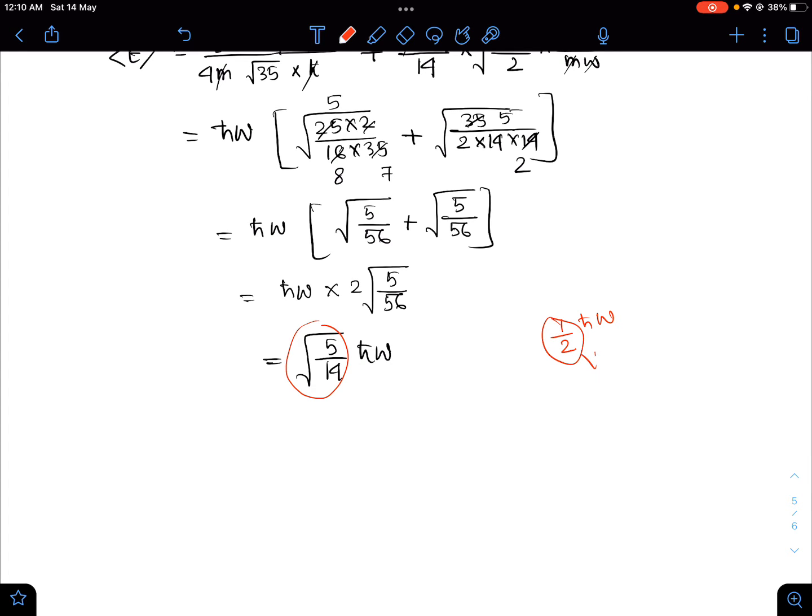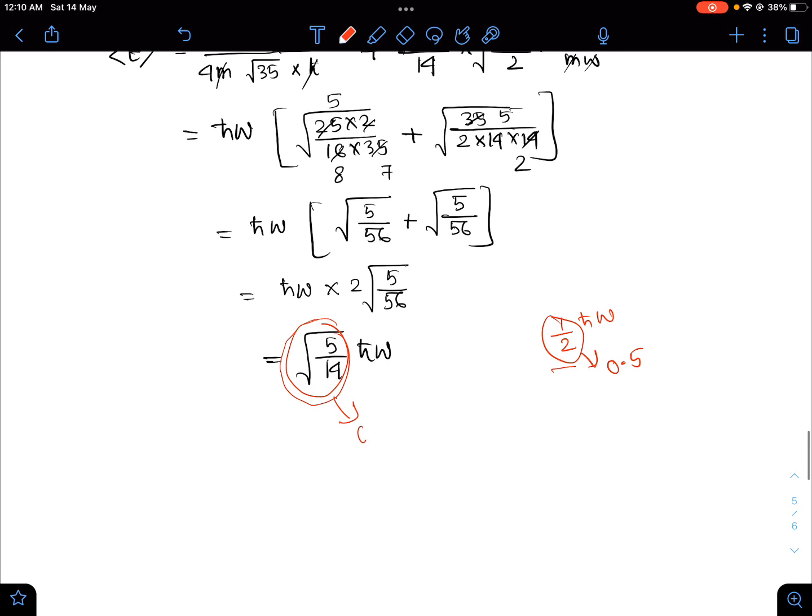That means this value is 0.5, and if you calculate this, you can check the value, and these two will be almost equal. If your trial wave function is very good, then you will get an almost equal number for the ground state. That value is almost in the order of 0.58 or something. So this is almost similar.